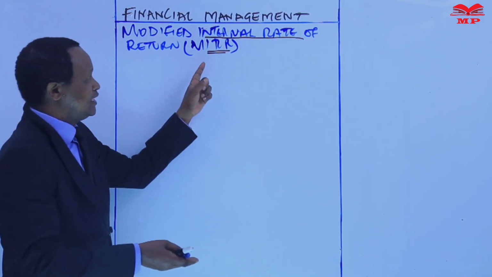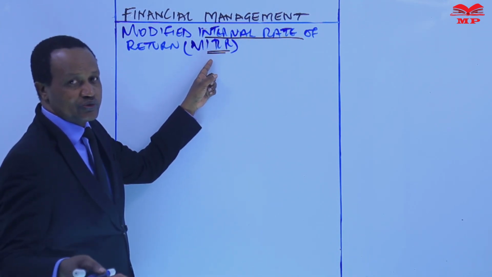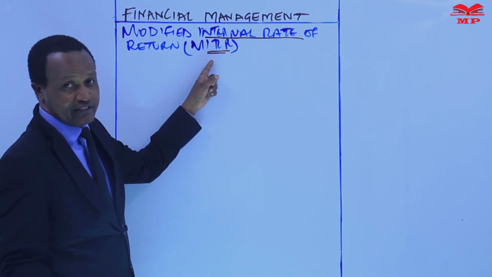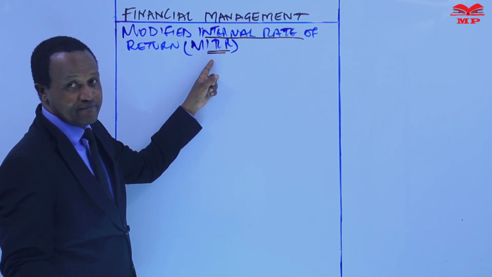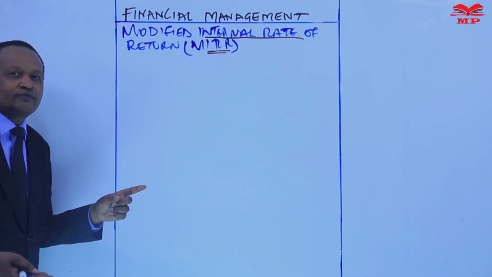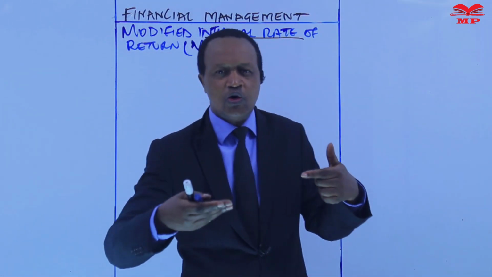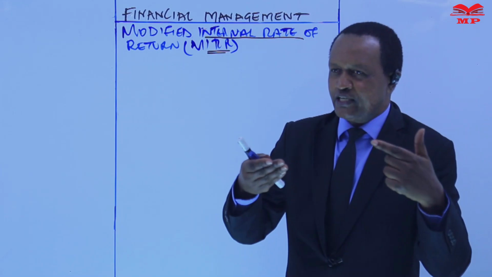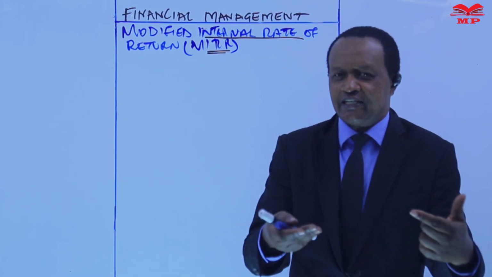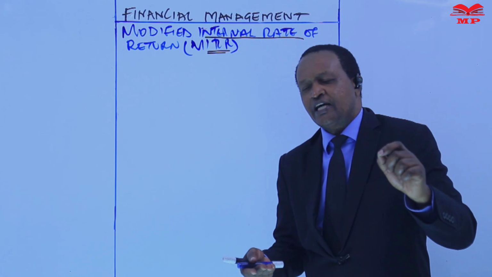We are modifying a key limitation of the IRR. So in order to overcome the limitation of the IRR, the modified internal rate of return has been developed.